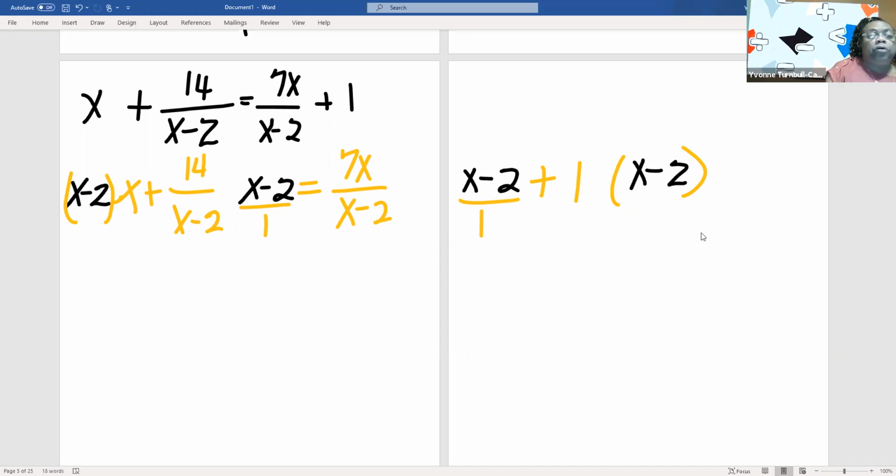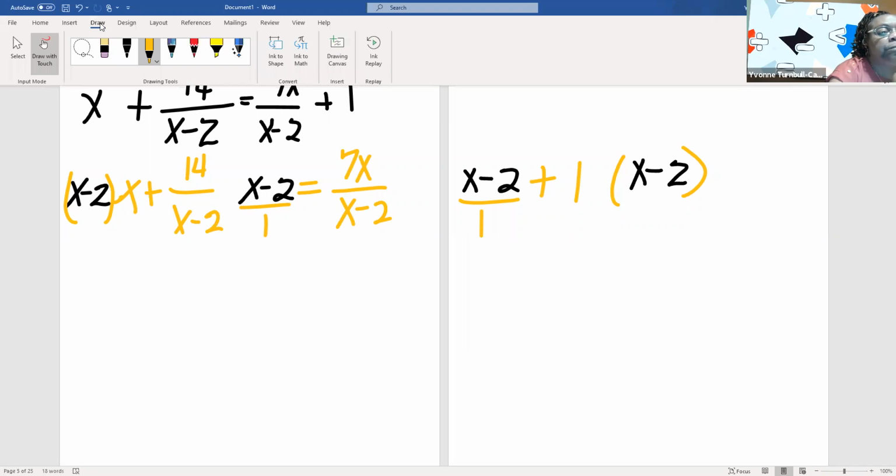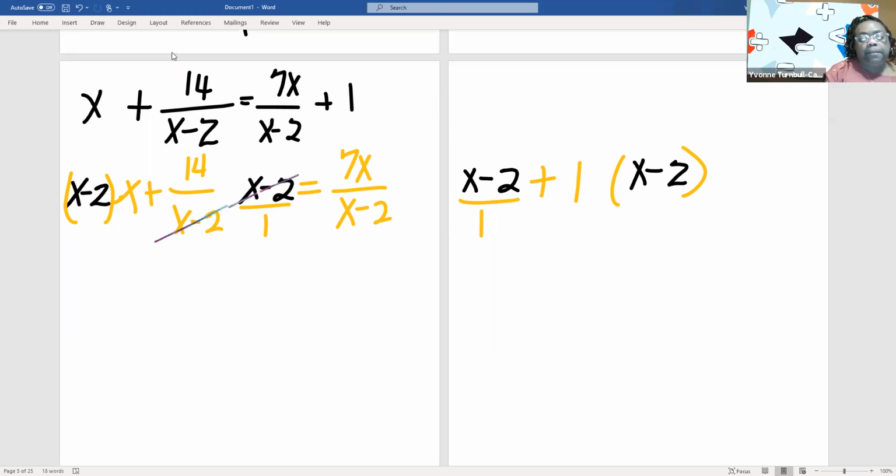Now we're ready to cross cancel. The first term is not a cross cancel, but we can cross cancel right here and right here. Here we can cancel with this and with that. And those are the only 2 fractions in our problem, so those are the only 2 that can cross cancel. That gives me all 1s in my denominator, and that's what I need.